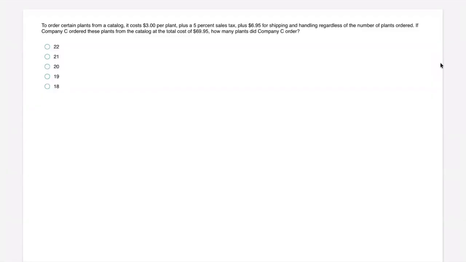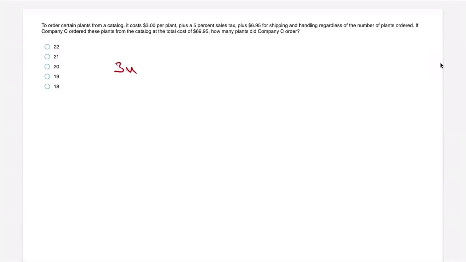Let's do it. To order certain plants from a catalog, it costs $3 per plant. So this is classic: quantity times value. 3 times the number of plants, which I don't know.